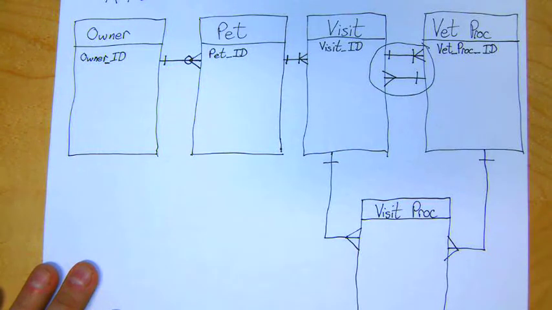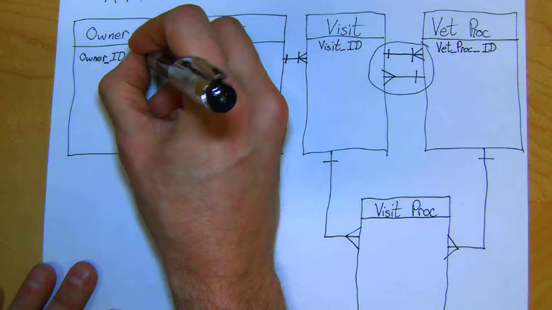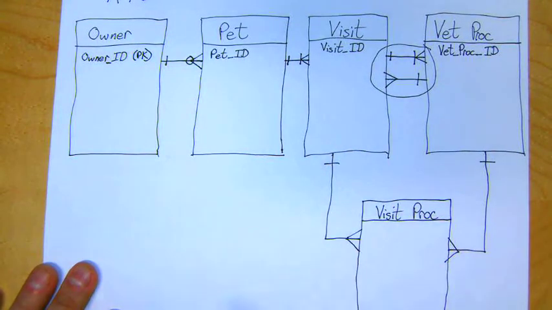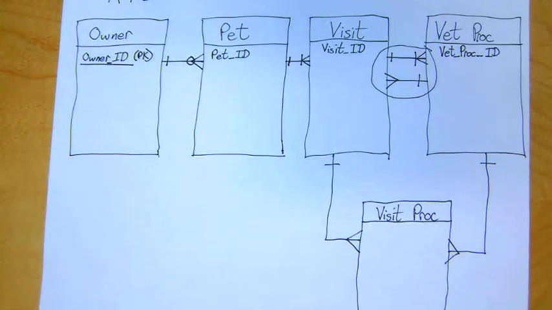Now, there's two different ways to denote a primary key. It's kind of terminology related, so I'm going to show you both. One is to do PK in parentheses next to it. The other is to underline it. I tend to prefer PK. I, for the life of me, don't know why. I just do. So I'll probably use that mostly when I'm interacting with you guys.